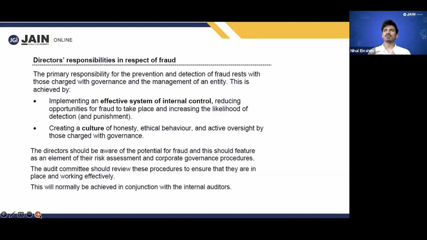Okay, now this is more of a soft control rather than a hard or direct control because this will not directly prevent any fraud from happening. But because there is a culture of honesty, because there is a culture of ethical behavior, people will be deterred from committing fraud.